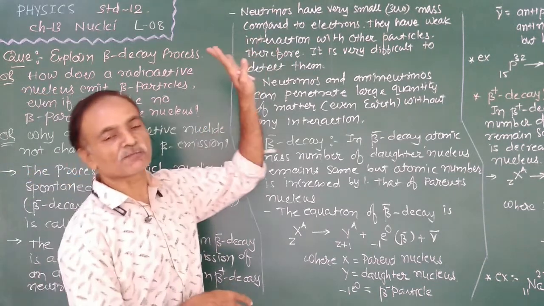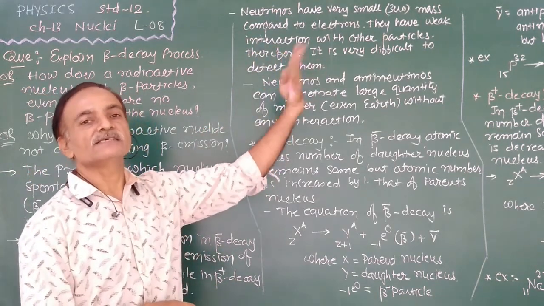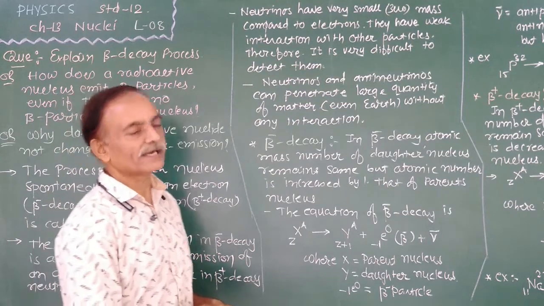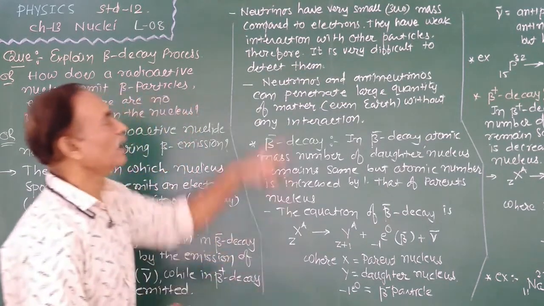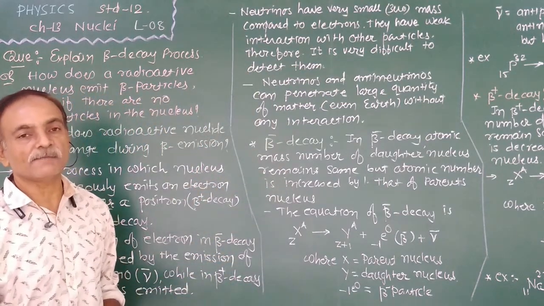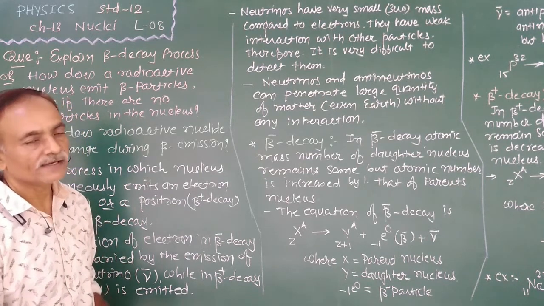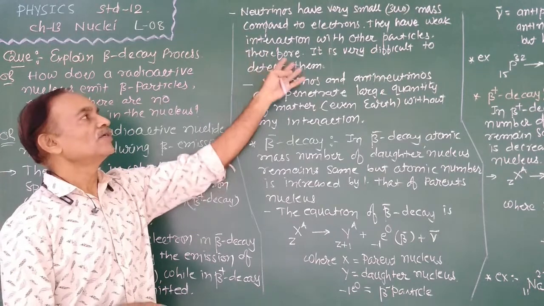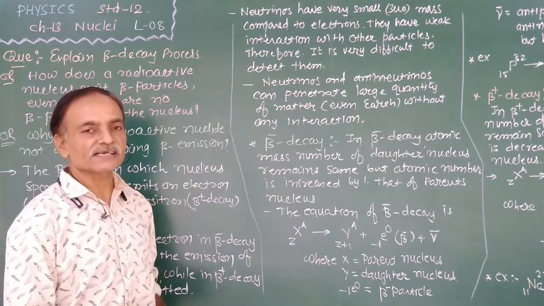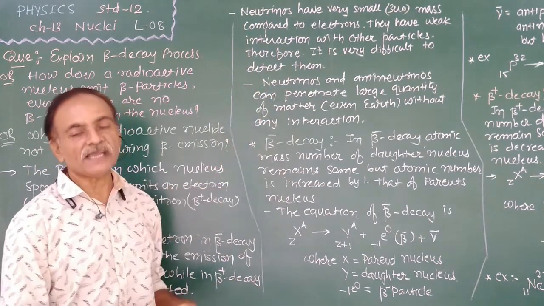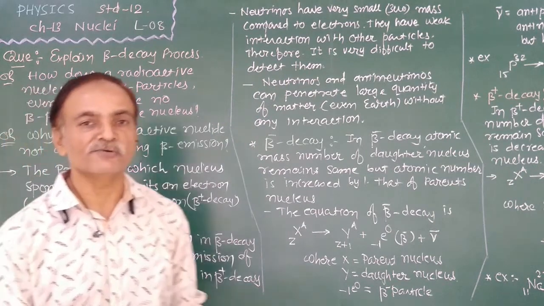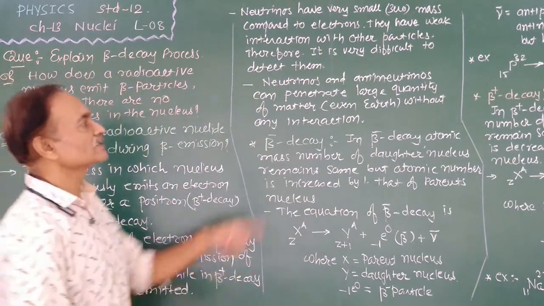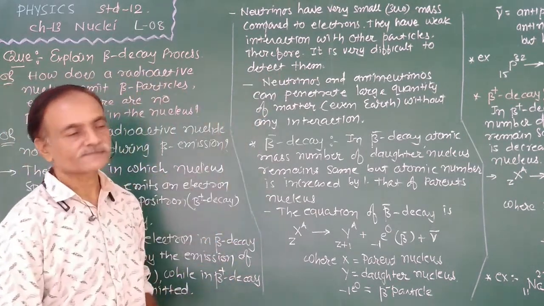Neutrino has very small mass, even zero mass compared to the electron, and weak interaction with other particles. Due to less mass and very weak interaction, it is very difficult to detect the neutrino. Neutrino is not easily detected.